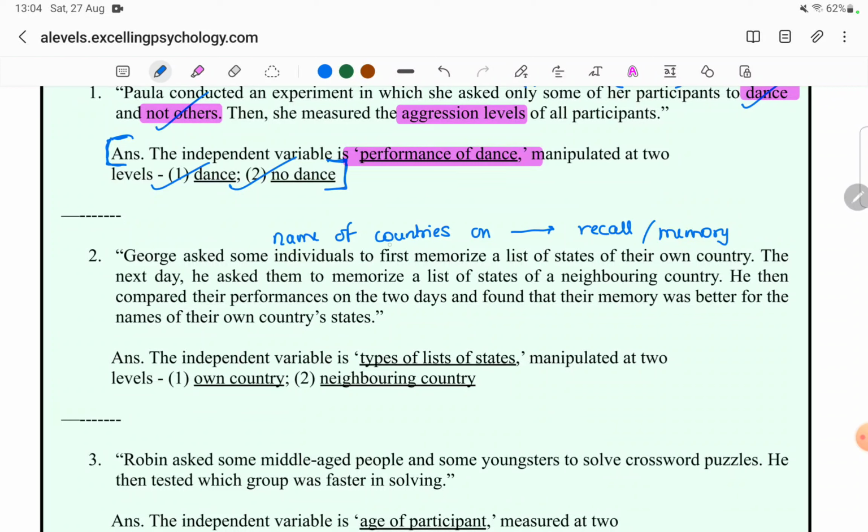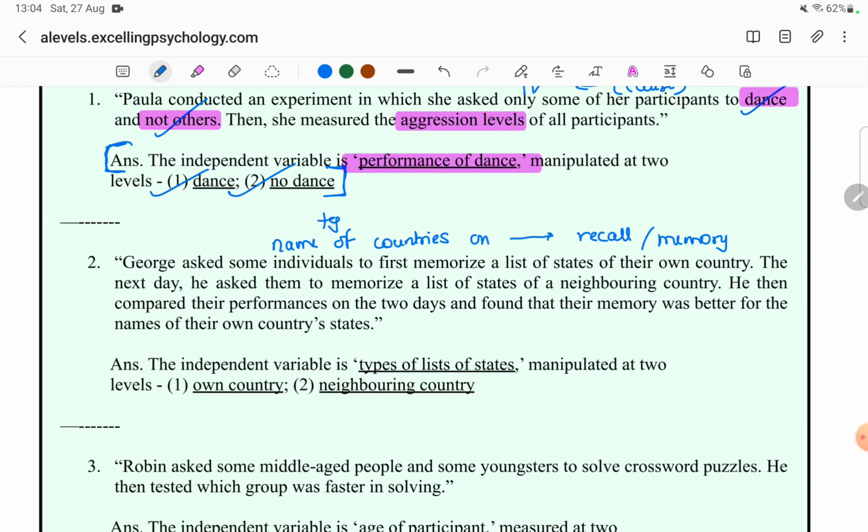What about the name of countries did he want to measure? Did he want to measure how long the names are, so lengthier names and shorter names? No, he wanted to study the type of the names. So type as in whether they were the names of their own country or of a neighboring country.